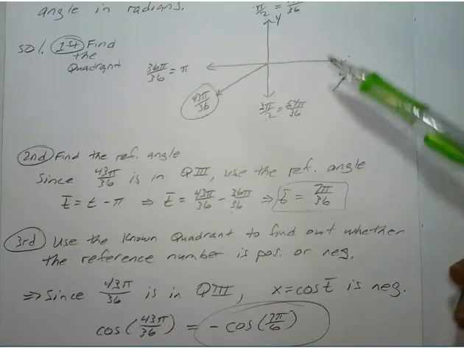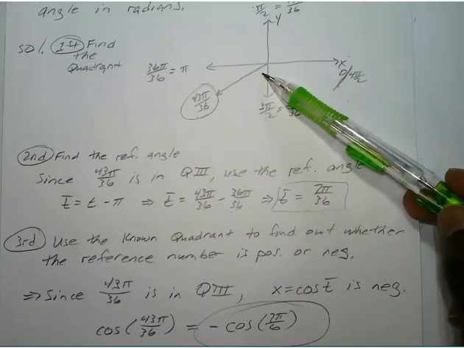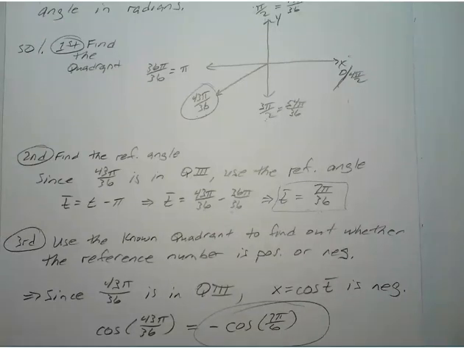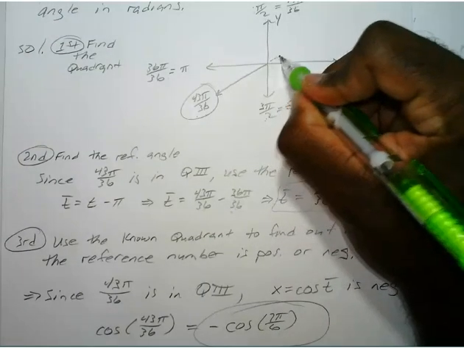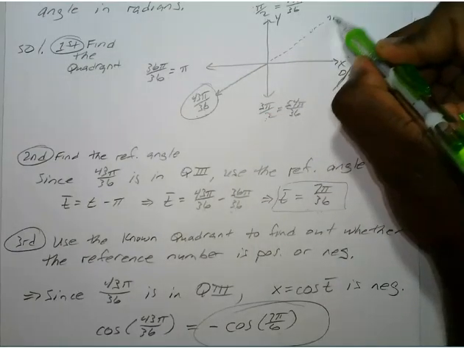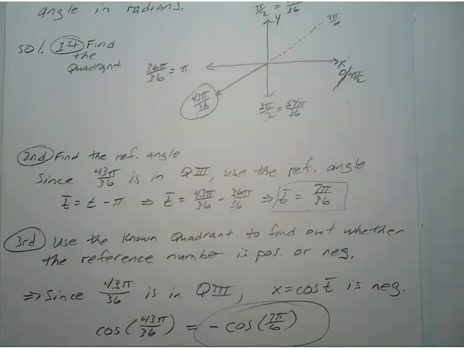Okay, so remember, we found our quadrant, we found our reference angle. And what that tells us by this being negative 7 pi over 6 is that if we go this way, if we just keep that up on a straight line, this will be our 7 pi over 6.